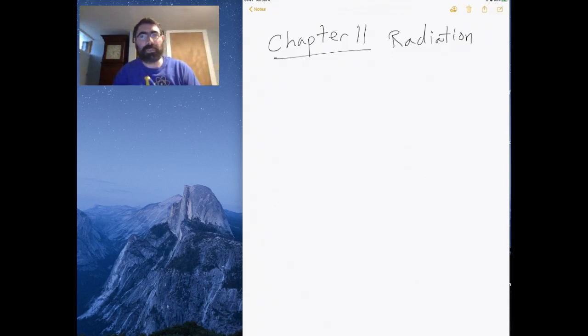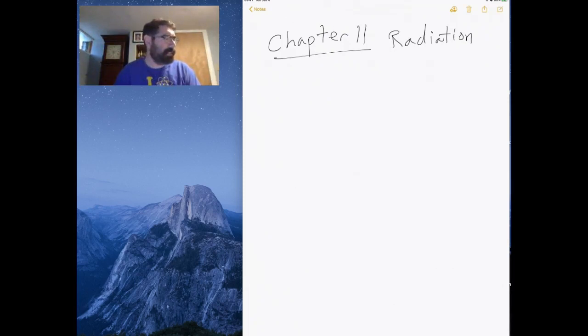Then in Chapter 10, we found that if you calculate the electric and magnetic potentials for a moving charge, that moving charge would in fact produce a term which we're going to call the radiation field. That if you have an accelerating electric charge, it produces radiation. So now we're going to study that in greater detail.